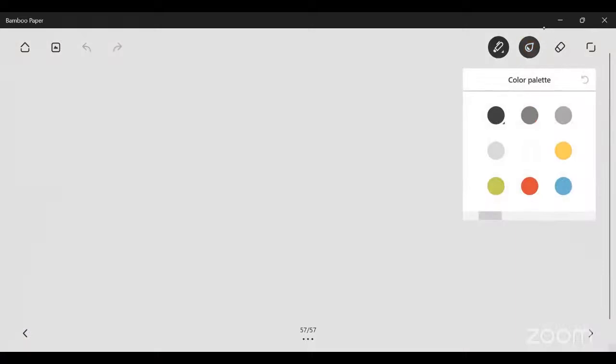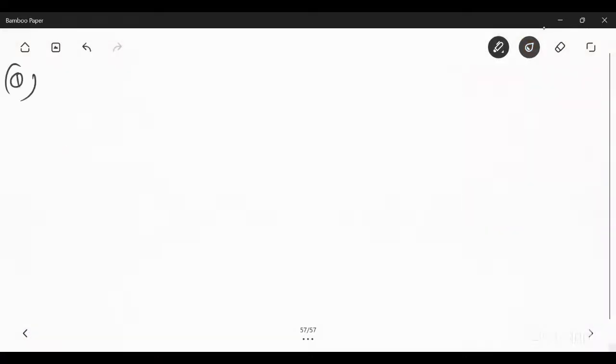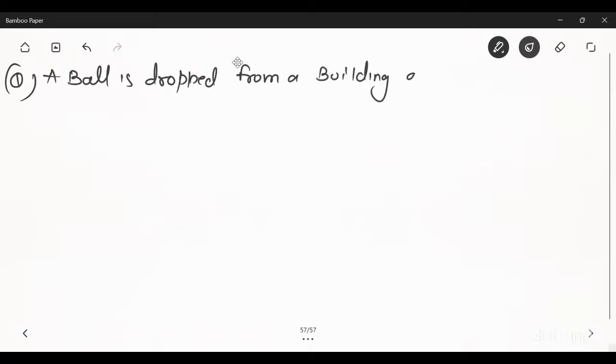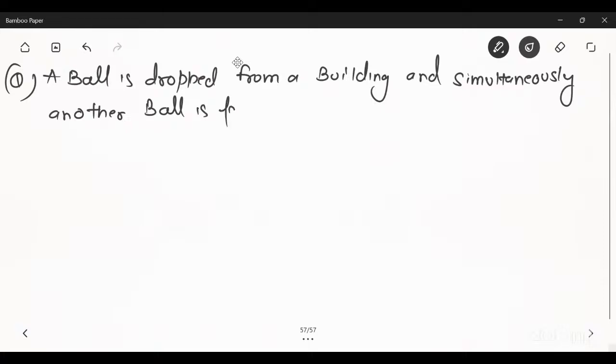Now the second question is of your short answer type. The question is: a ball is dropped from a building, and simultaneously another ball is projected upward with some velocity.